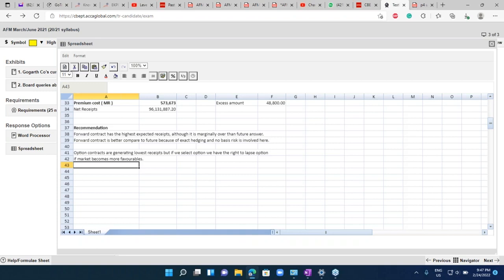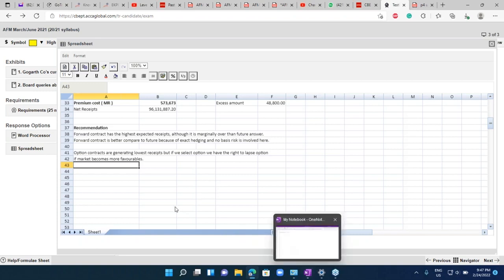You will compare future and forward with the option, and ultimately recommend the forward answer. You will recommend that derivative which is generating the highest answer in case of receipt and the lowest answer in case of payment.